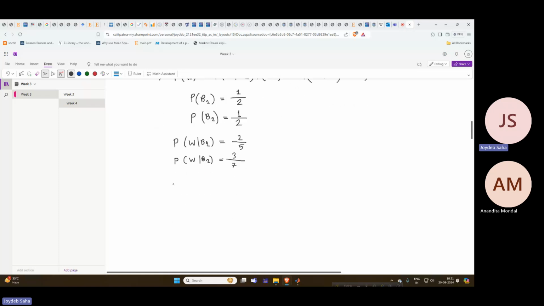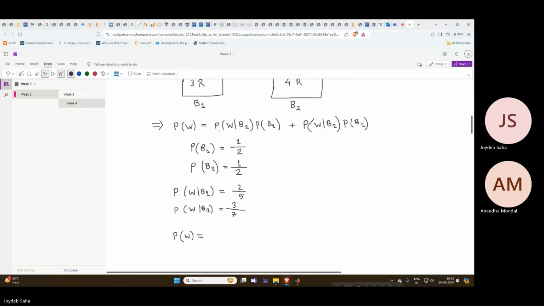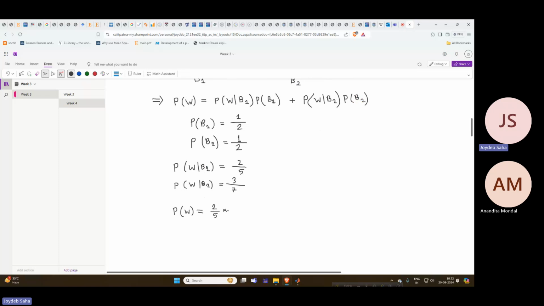So now we can write that the probability that the ball picked randomly from any of the two boxes is white is the probability of W conditioned on B1, that is 2 by 5, into the probability that box 1 is picked, so 1 by 2, plus the probability of W given B2, meaning 3 by 7, into the same probability of B2, which is 1 by 2.